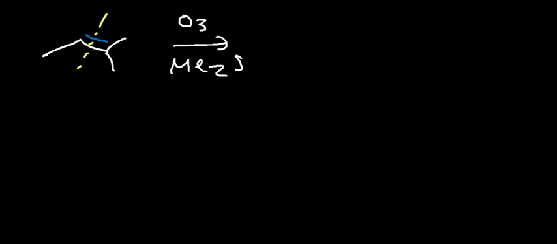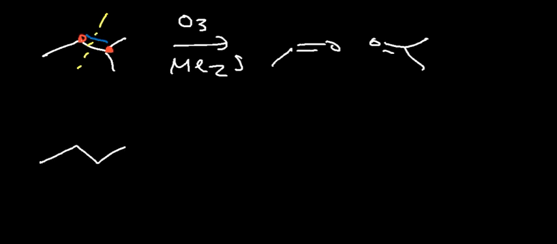Well, the alkene is going to cleave, and what you want to do is add a carbonyl to each carbon atom that was part of the double bond, so those two. So on the left side we have 2 carbon atoms, so we're going to add a carbonyl group, and on the right side we have 3 carbon atoms. So as we can see, we get 1 aldehyde and 1 ketone for that example.